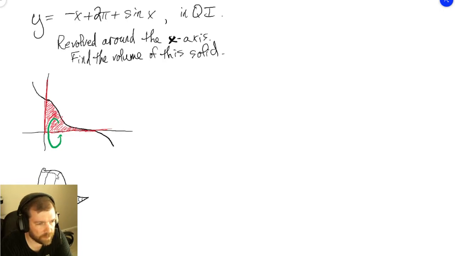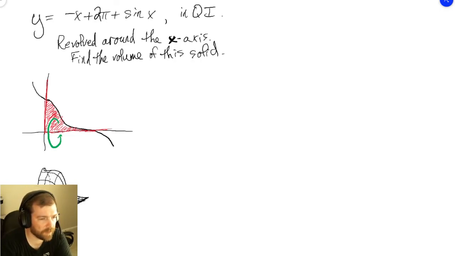And if we drew lines here to kind of give you a sense of what this thing looks like, it looks something like that.